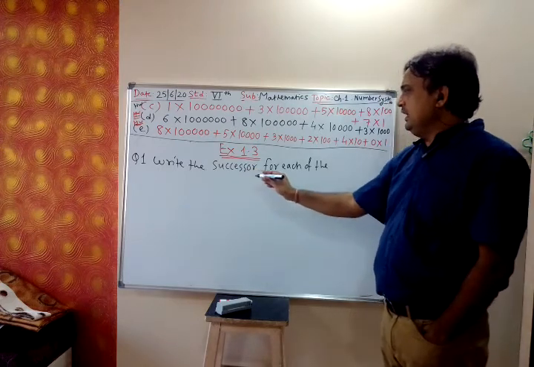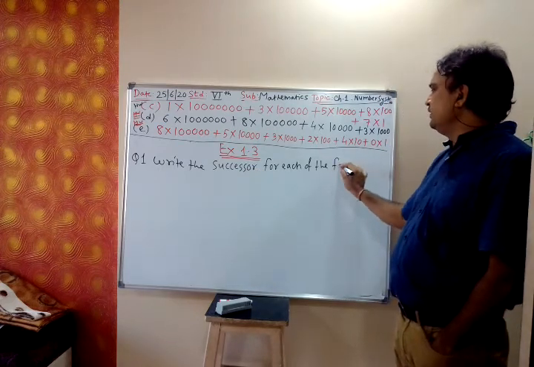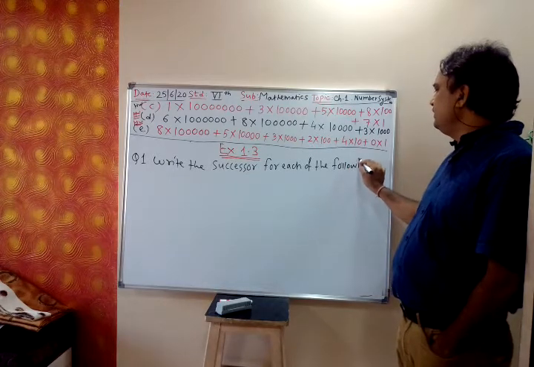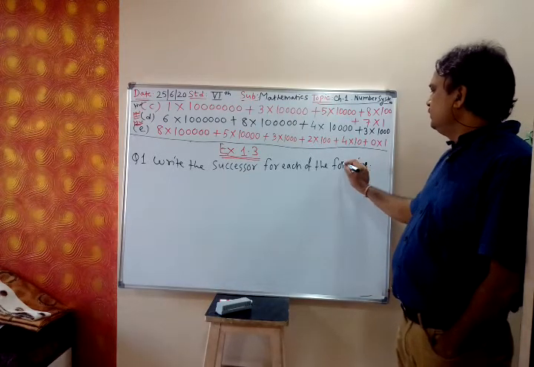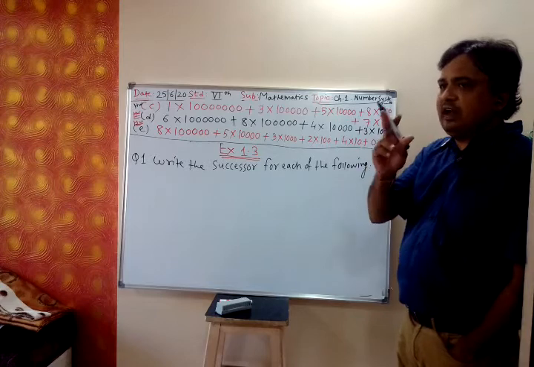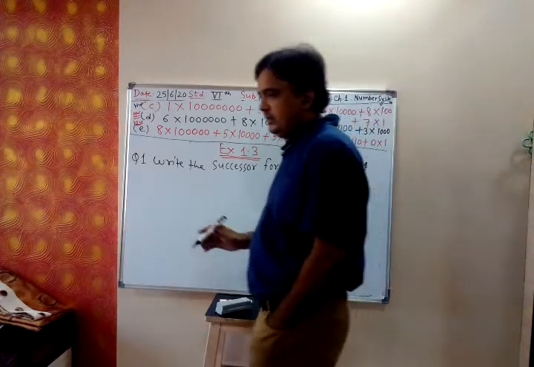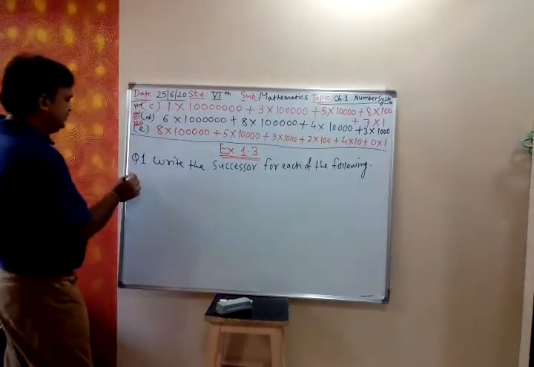Write the successor for each of the following. For just after, we add 1 to that number. So to find just after that number, I will add 1 to that number. And let us solve the problem based on this.